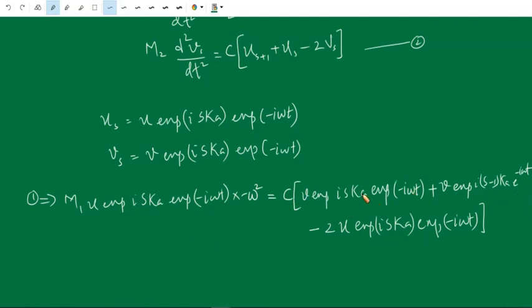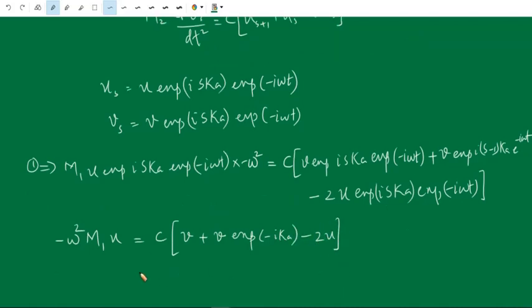So we can cancel all these factors. Therefore, this equation can be written as omega square m1 u is equal to C times (v plus v exponential minus i k a minus 2u).